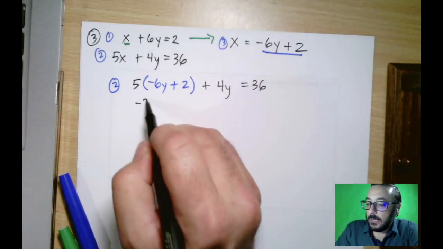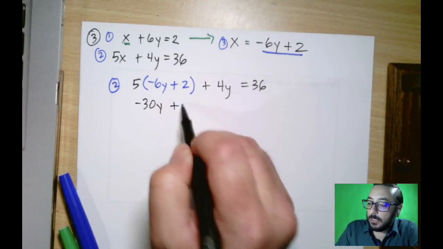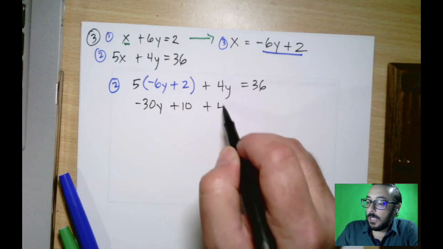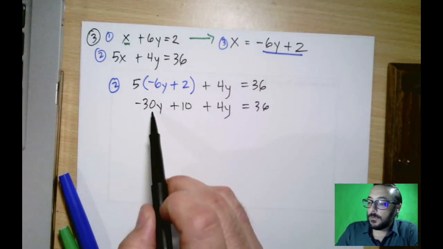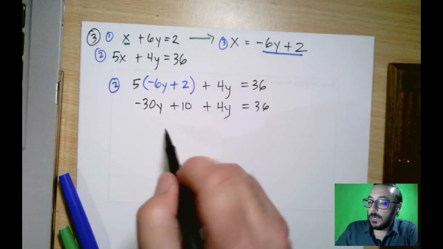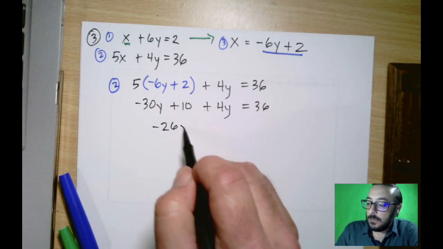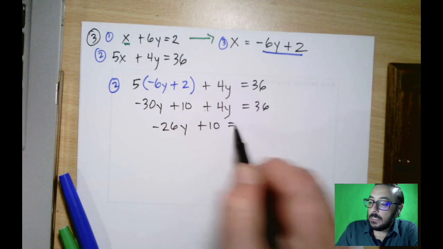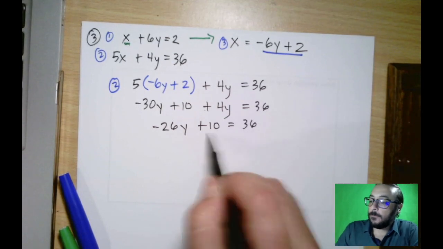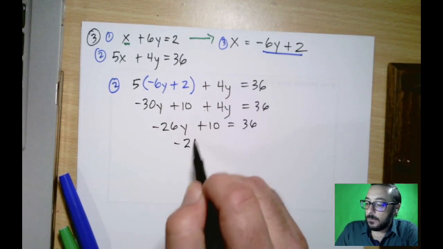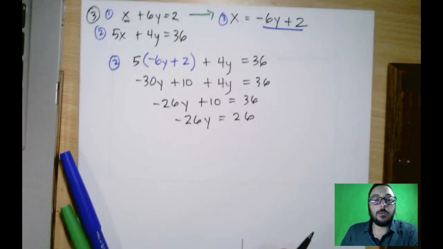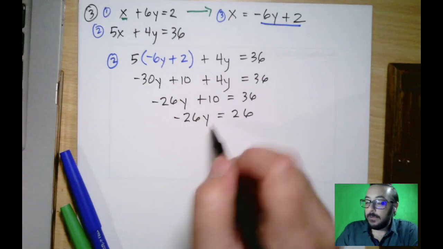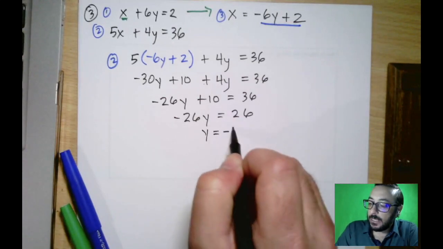So this is negative 30y plus 10 plus 4y equals 36. Negative 30y plus 4y is negative 26y plus 10 equals 36. We subtract 10, we get negative 26y equals positive 26. And when we divide by negative 26, we get y equals negative 1.